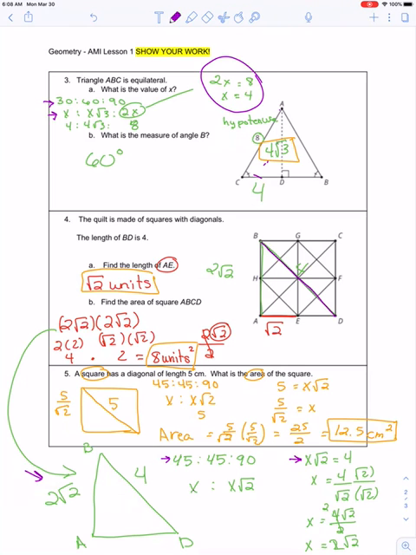X square root 2 equals 4, so I isolated my x. So 4 divided by square root 2, and then I multiplied both sides by square root 2 to rationalize this fraction. And to simplify, we actually get 2 square root 2.